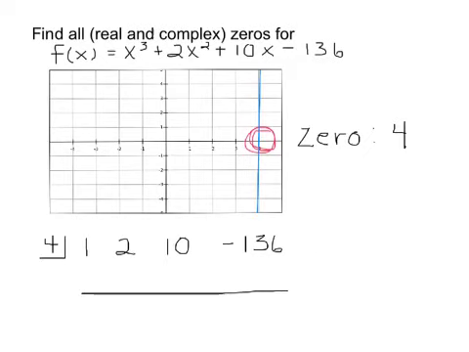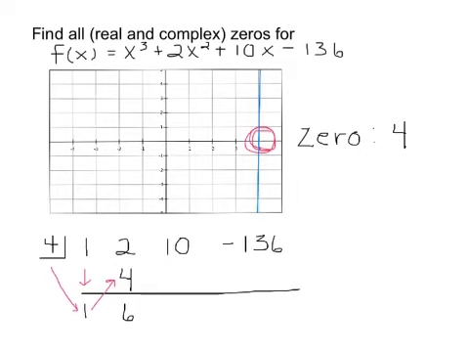Okay, so we leave some space and draw a line. We pull down the first number, 1, to get started, and we begin our synthetic division. So we'll take 4 times 1, 4, put it in the next column above the line, and then add down. So 2 plus 4 gives me 6. And then repeat that process.